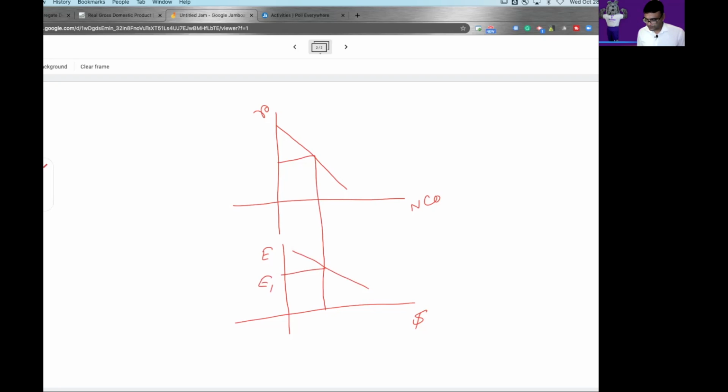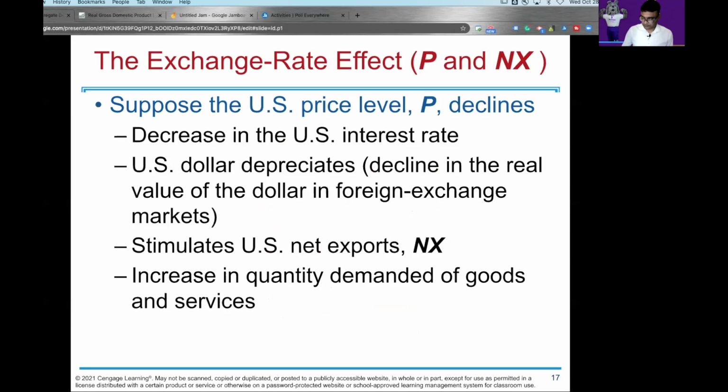This is the initial interest rate, then the new interest rate is going down, and then it shifts your supply curve, and ultimately you can see your exchange rate depreciates. Okay, so this is what we learned in our last chapter.